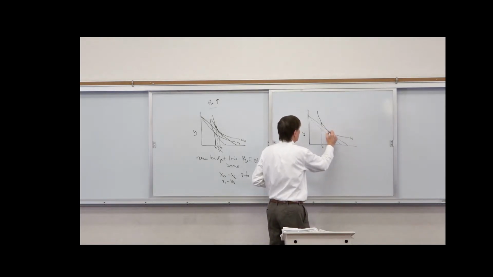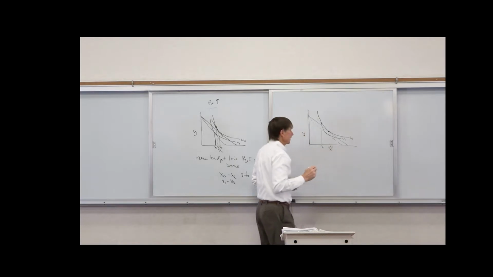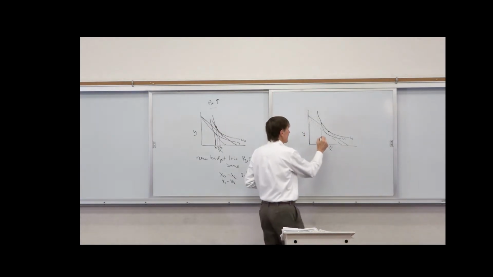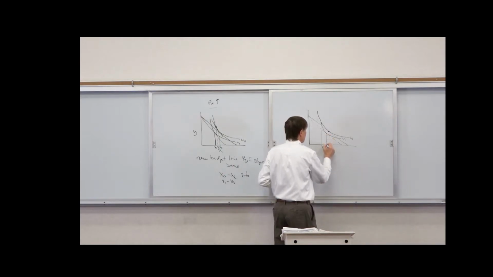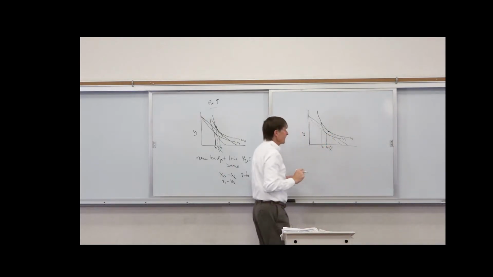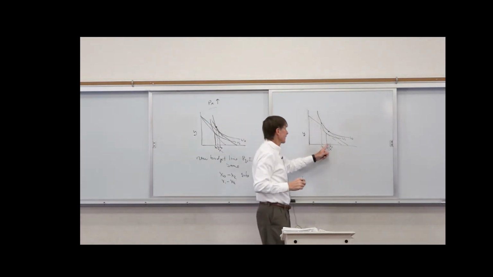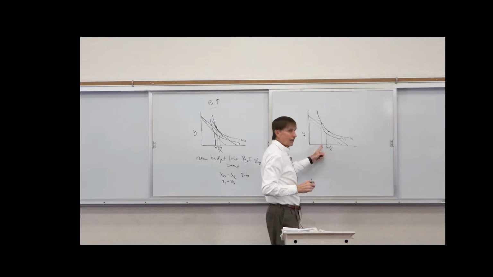But I end up with a tangency that's in between there, right? I could end up with a tangency that's in between the two. And if I did that, then that good would be an inferior good, right? Because the substitution effect has me buying less, but the income effect has me buying more.